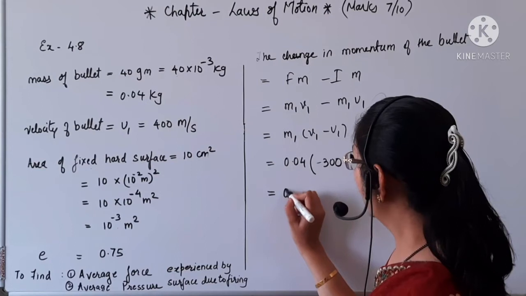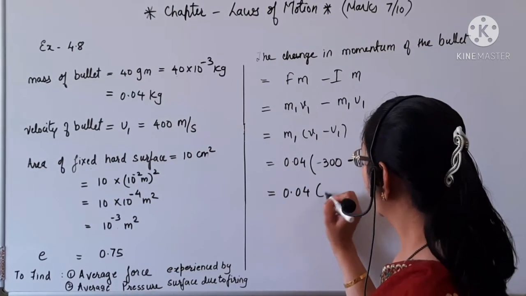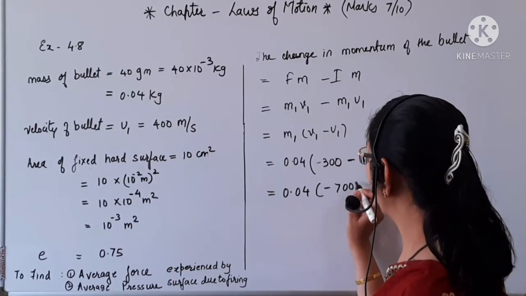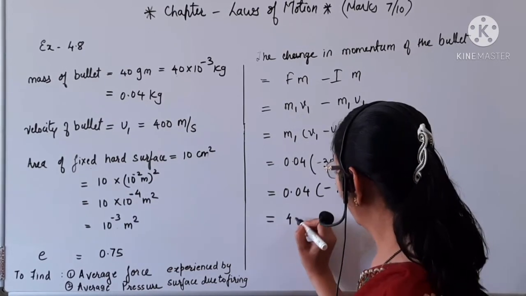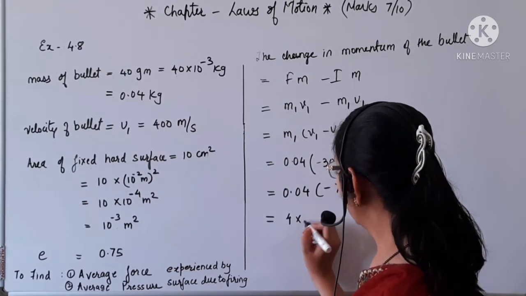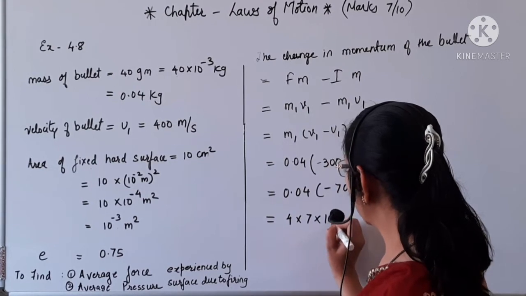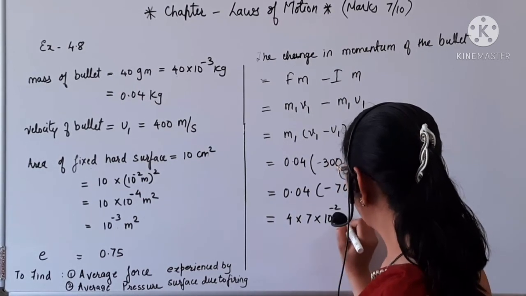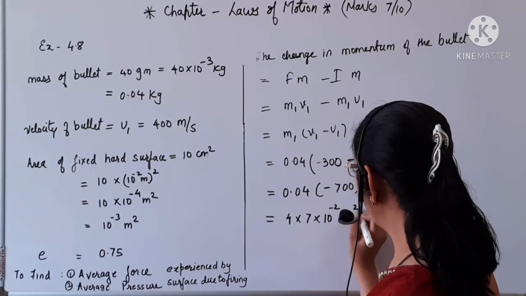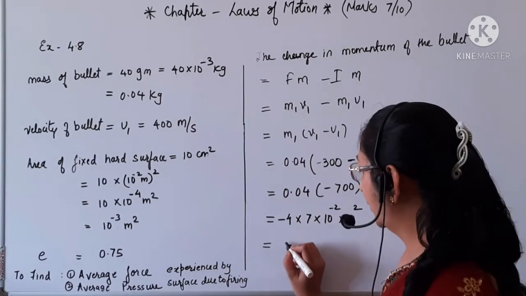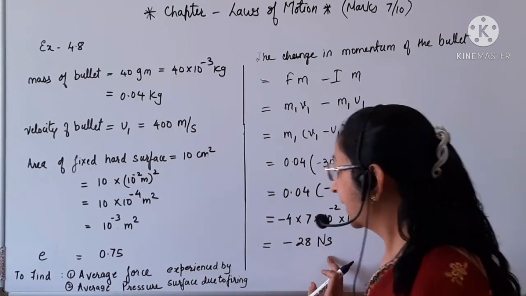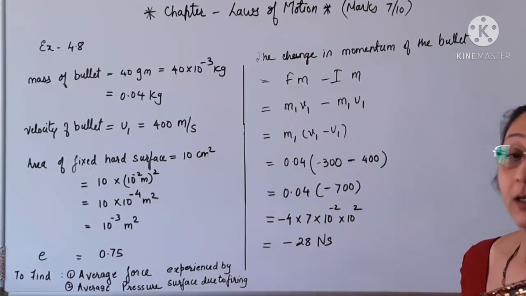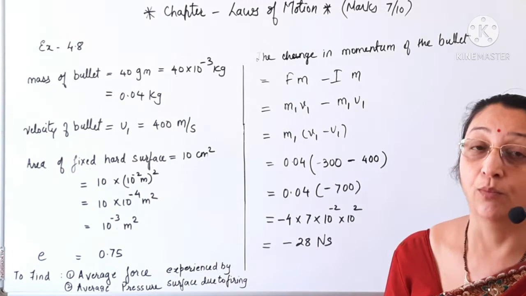That is equal to 0.04 times minus 700. So that is equal to 4 into 7 into 10 to the power minus 2 into 10 to the power plus 2. This is equal to minus 28 Newton second, the change in the momentum of the bullet.